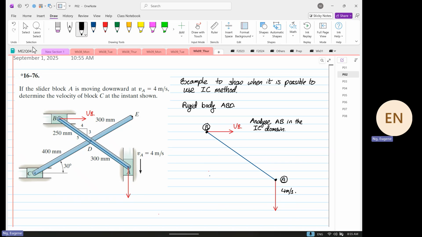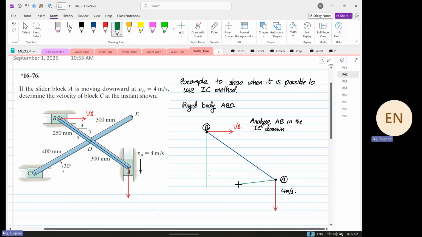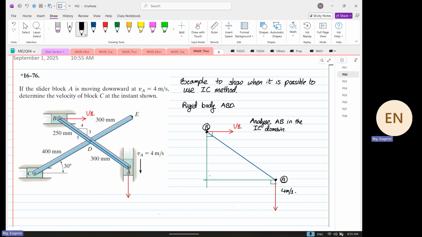Remember what I told you? We construct 90 degrees lines. This is 90 degrees from here to here. This is 90 degrees from here to here. And where they intersect, this is your instantaneous center.